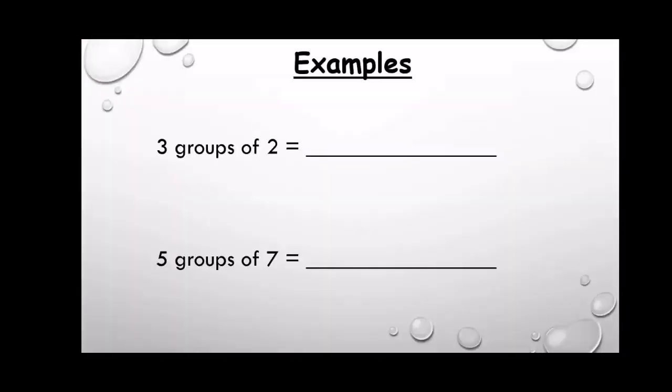Now let's discuss some examples here. 3 groups of 2. How can we write it in the multiplication sentence? 3 groups of 2, that is 3 times 2, which equals 6. Next is 5 groups of 7.